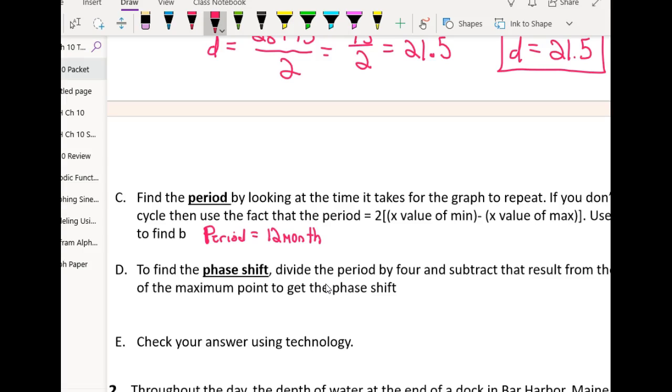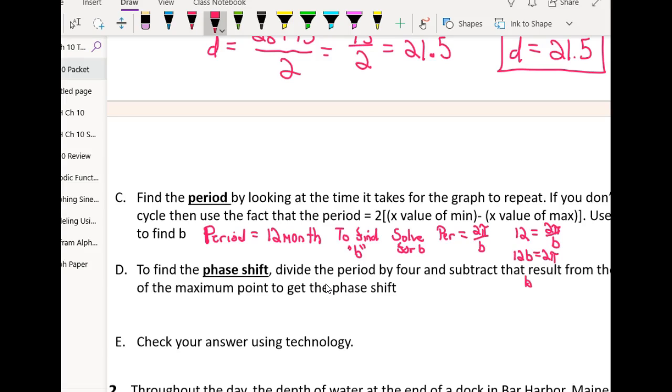Now what we want to do is find the value of B. To find B, we solve that the period is equal to 2 pi over B. If the period is 12, then 12 equals 2 pi over B. Multiply both sides by B, and I get 12B equals 2 pi.